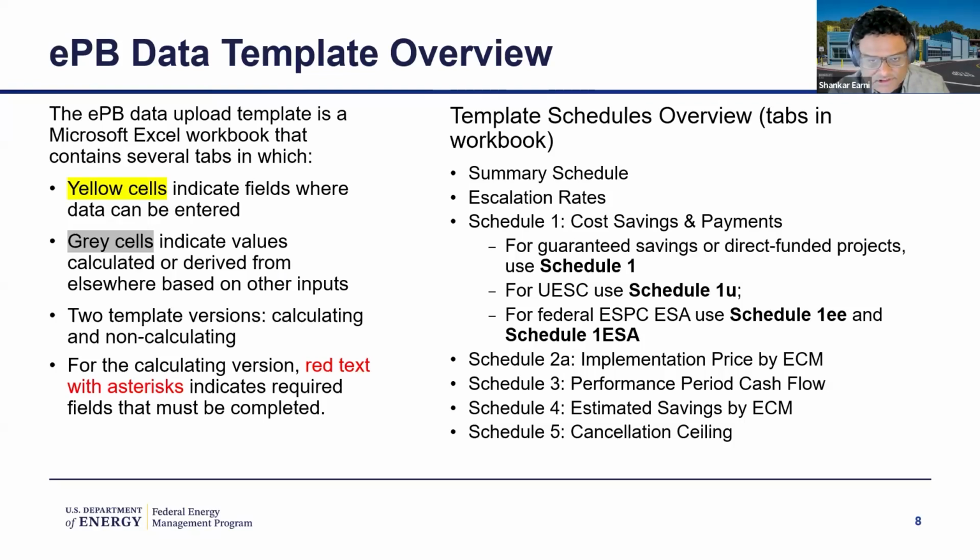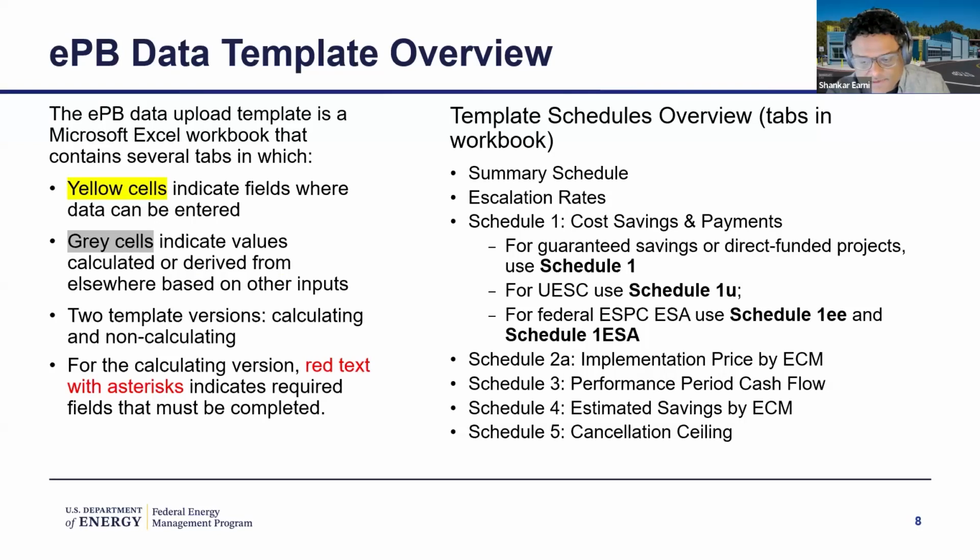At the highest level, there's the summary schedule, which captures the high-level information and the escalation rates. Schedule 1 shows you the cost savings and payments. 2A is intended to capture the costs related to each ECM.